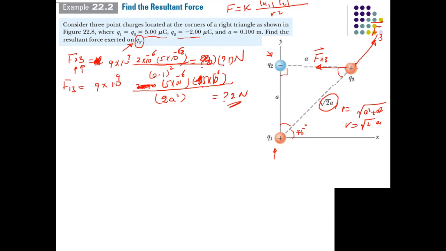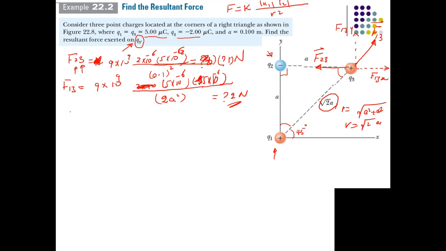So you try to find the components of these forces. For example, F13 has two components. One goes to the right, one goes upward. The one that goes to the right is F13x. The one that goes upward is F13y.